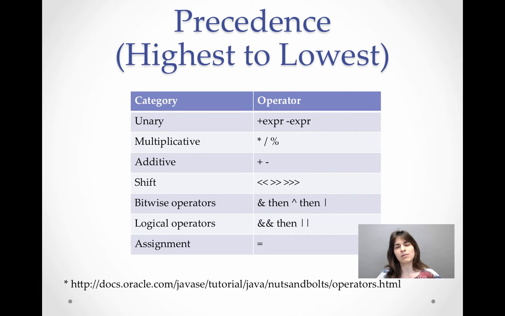Here is a table that shows the precedence of the operators from highest to lowest, and I invite you to actually visit with me the very last line of the table and see that at the very bottom of the precedence is the assignment operator. What does that mean? It pretty much means that before you assign a value to a variable, you need first to evaluate all of the expression.